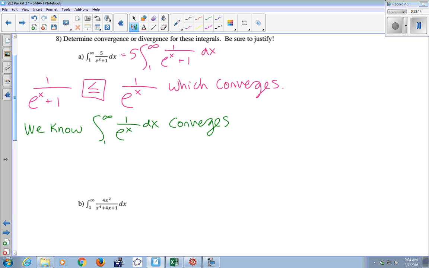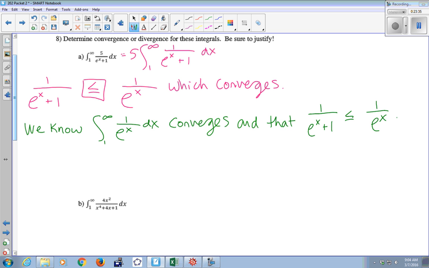That's one of the 3 integrals I know something about, right? And we know that 1 over e to the x plus 1 is always smaller than or equal to 1 over e to the x.